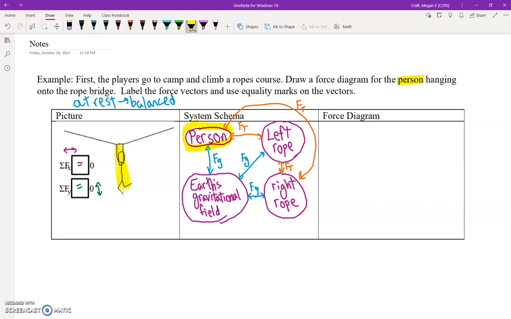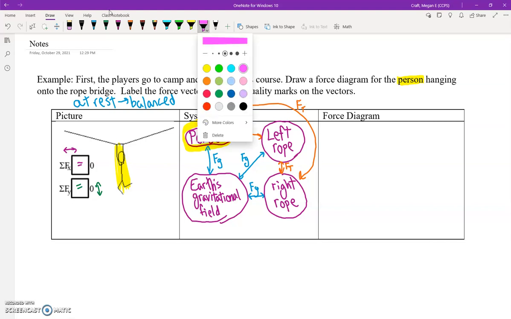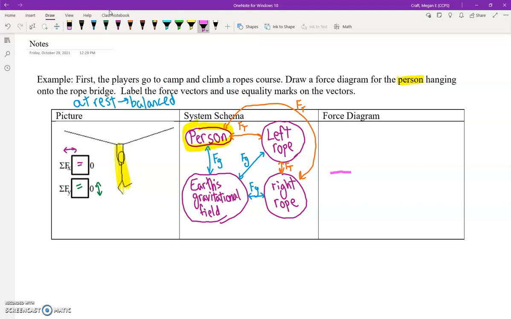But something is going to change for our force diagrams, and that is that I'm going to ask you to draw a coordinate plane. So we'll draw an imaginary x-axis and an imaginary y-axis.